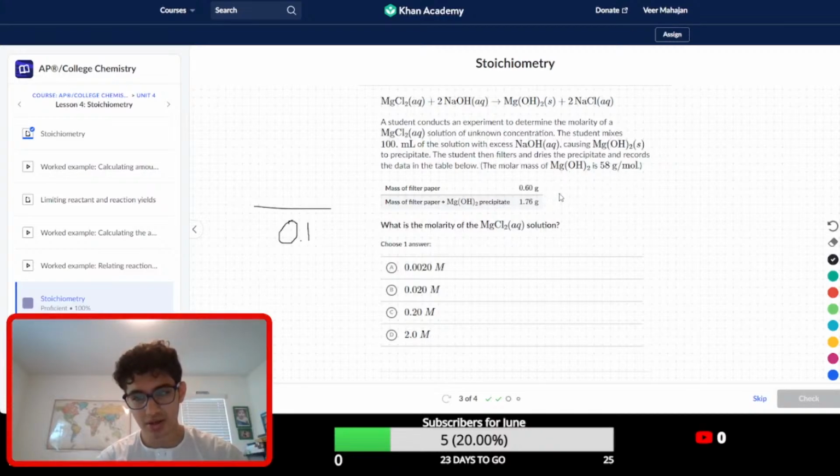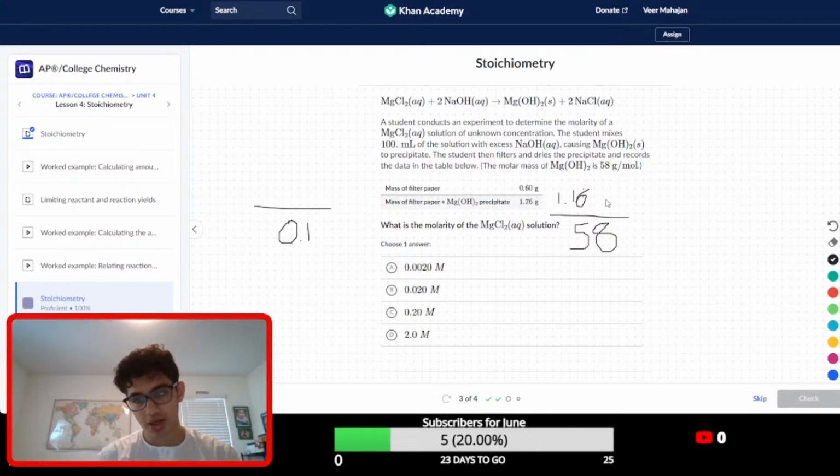This was 1.16. So it's going to be 56 grams per mole divided by the number of moles. Or no, sorry, it's going to be this divided by the molar mass, which will give you the number of moles. So it's this divided by 58. That's how many moles there are.